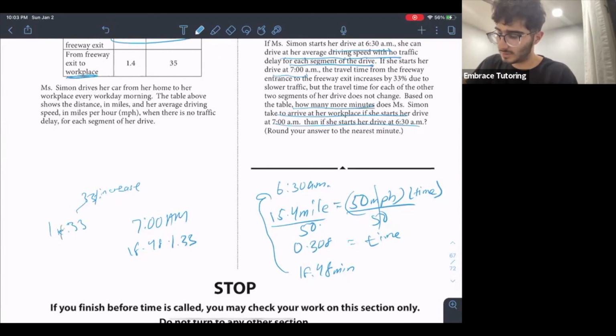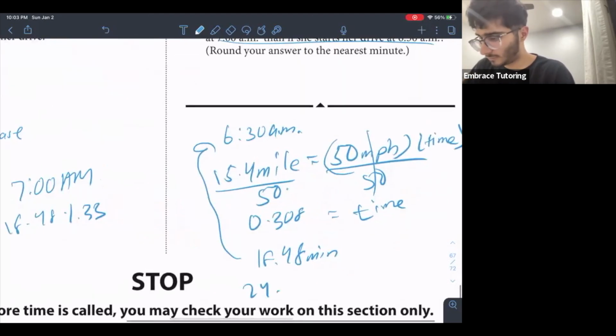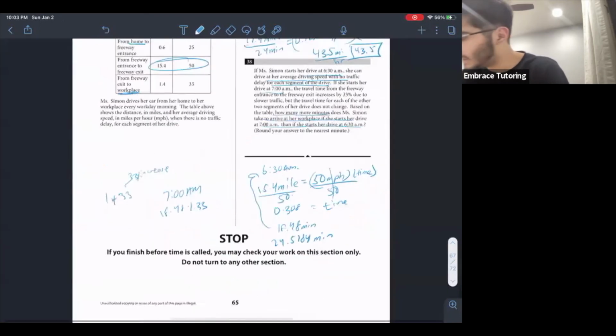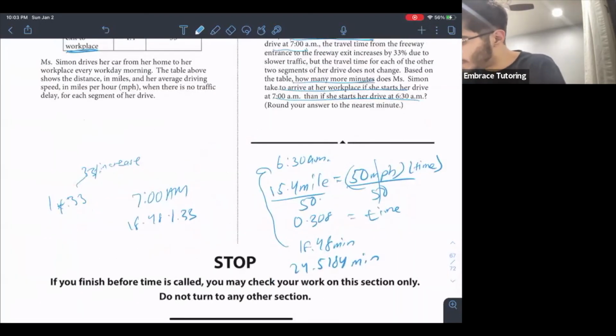And then it would be 18.48 times 1.33 to get 24.5784 minutes.